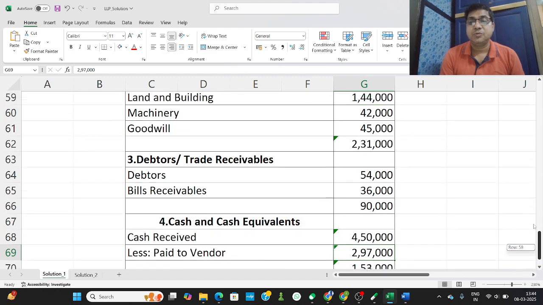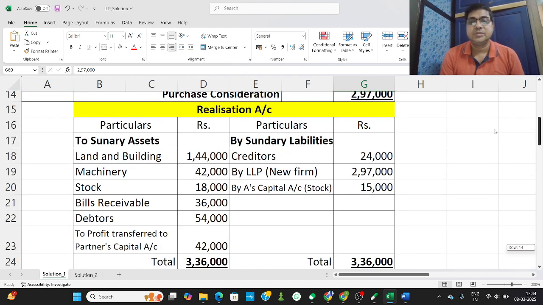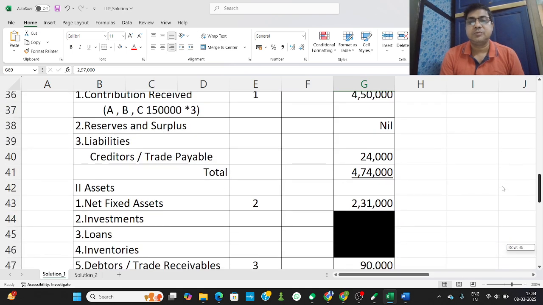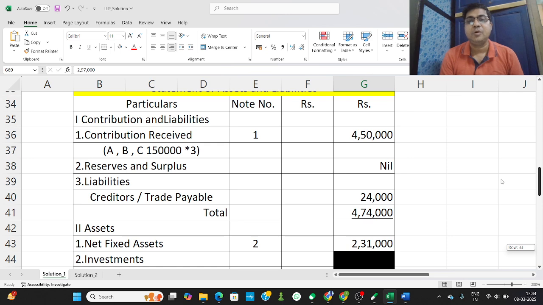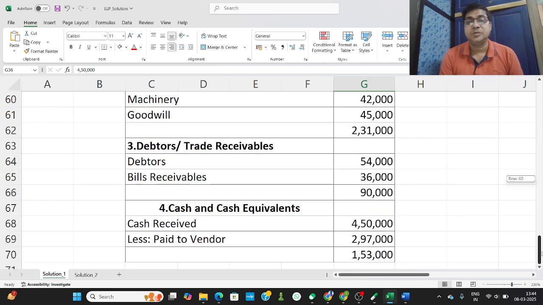Total cash was 4,50,000. How do you get this 4,50,000? Whatever the partners A, B, C provided as a contribution, this 4,50,000 we recorded as cash received.